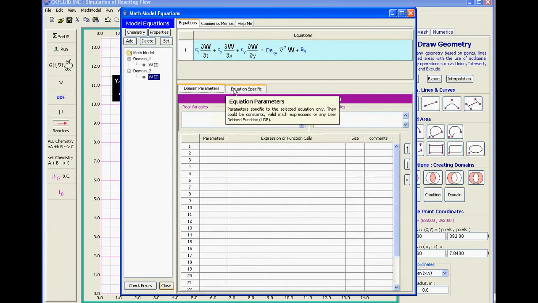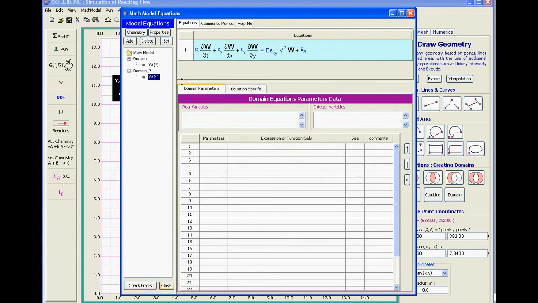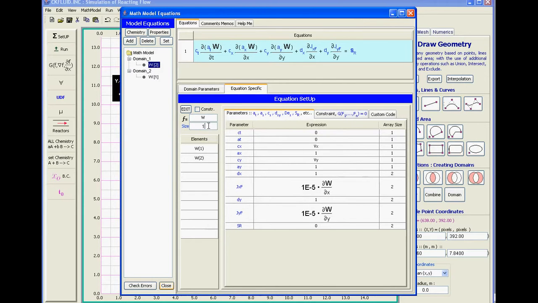So we remove the first one, we change that, we also remove this. So the domain parameters are here, and then here we have the equations, specific data.